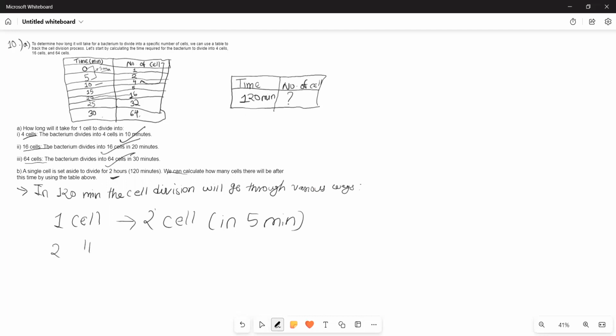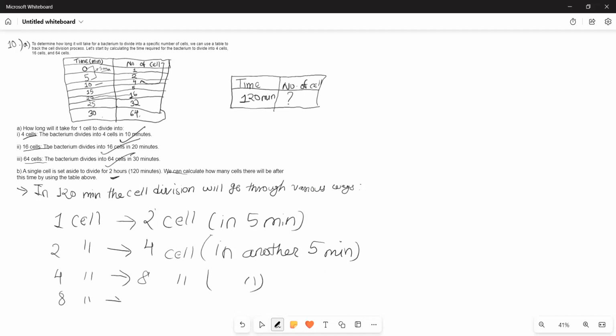Again from two cells to four cells, again in another 5 minutes, right? Again 4 cells to 8 cells in another 5 minutes, again 8 cells to 16 cells in another 5 minutes.